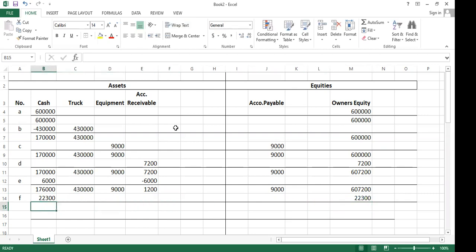After that the balances are cash 198,300, truck 430,000, equipment 9,000, accounts receivable 1,200, accounts payable 9,000, and owner's equity 629,500.